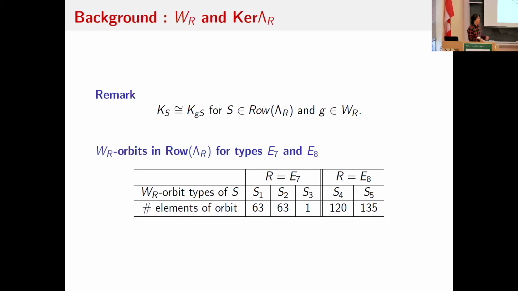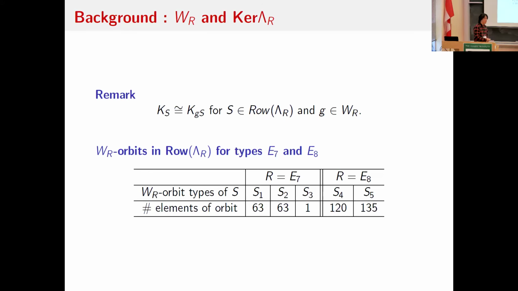So we only need to investigate the representative S's in the row space of lambda. The table shows the Weyl group orbit types of S for E7 and E8 and the number of each orbit. For E7, there are only 3 types of S, and for E8, there are only 2 types of S.